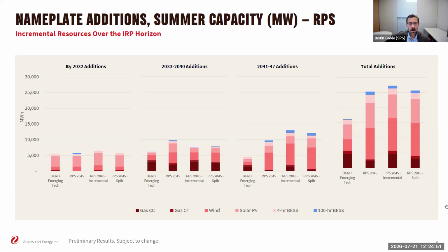Now, in the RPS 2045 split scenario, which is the very far column in each graphic, that is where we take the base emerging tech scenario and we look at the New Mexico thermal resources that were built and we remove them, and we allow the model to re-optimize with an RPS requirement that increases over time and not allowing the model to build incremental thermal generation.